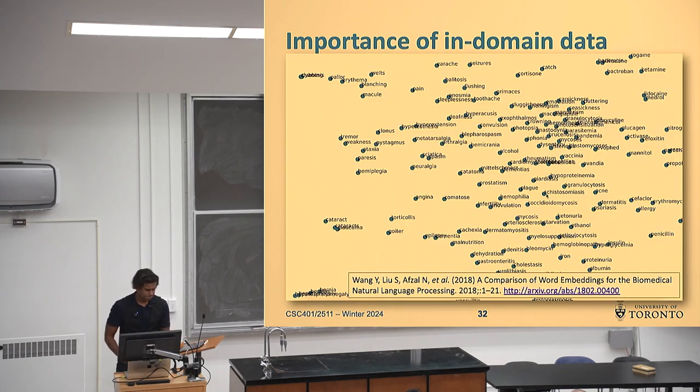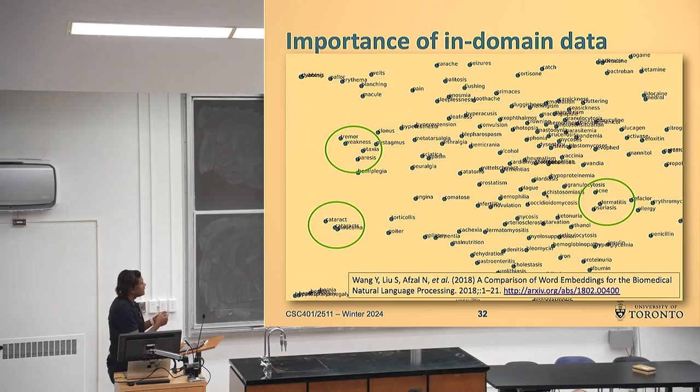And this goes without saying that whatever we're learning comes from the input, so obviously the input matters. This work showcases what is, I think, obvious: if you train word embeddings on electronic health records or biomedical papers, then those embeddings will do better than embeddings trained on generic data in capturing medical terms.